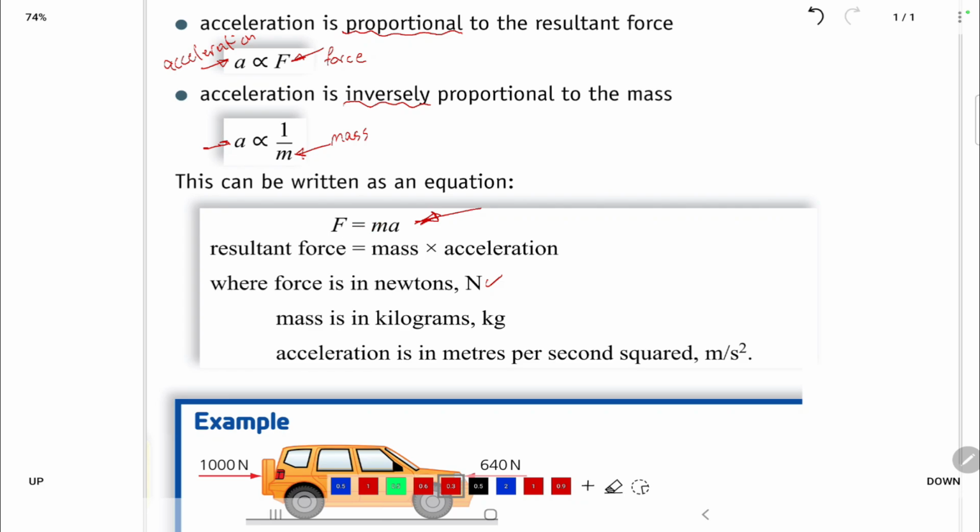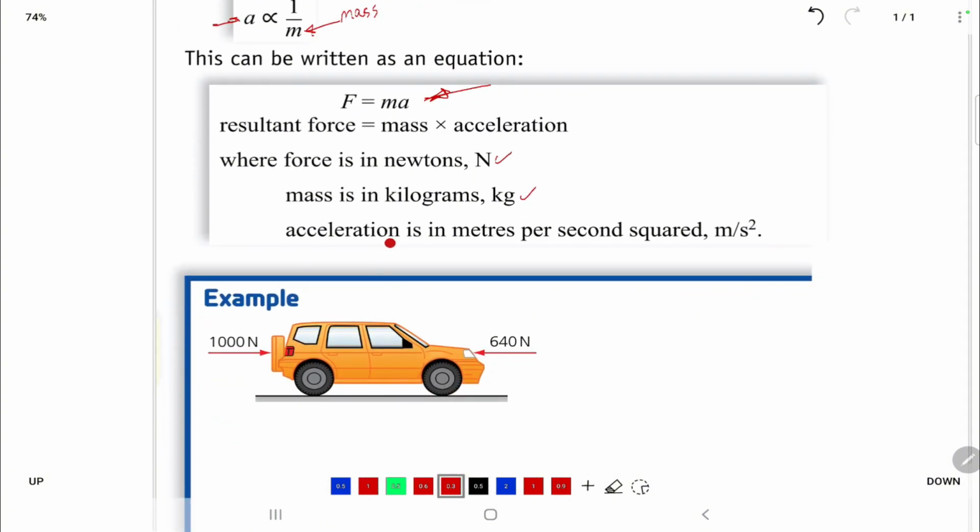Force is in Newtons, the mass is taken as kg, kilograms, and the acceleration is in meters per second squared, written m/s². Sometimes it is written like this, ms^-2. It is the same as this one. So the acceleration is in meters per second squared.